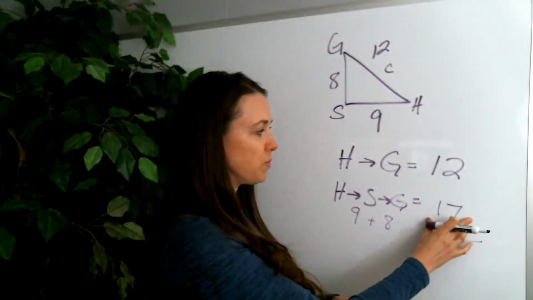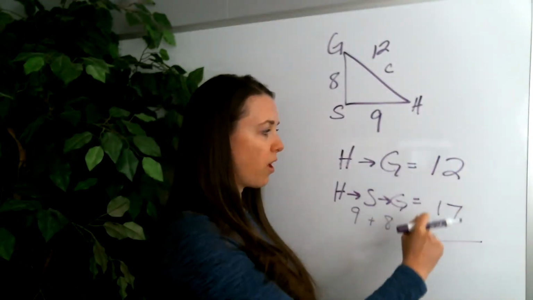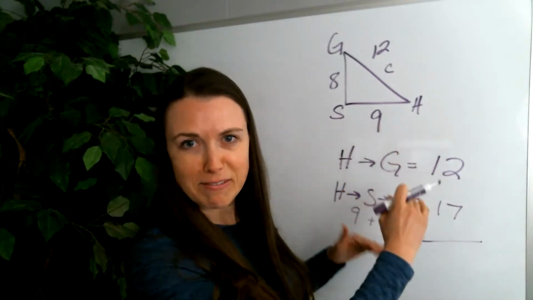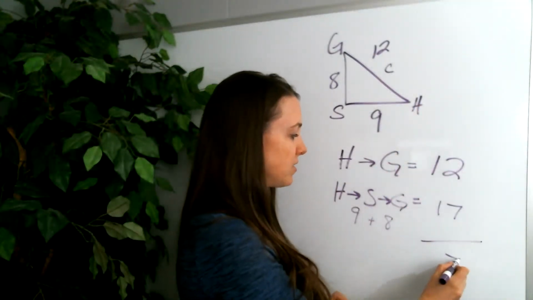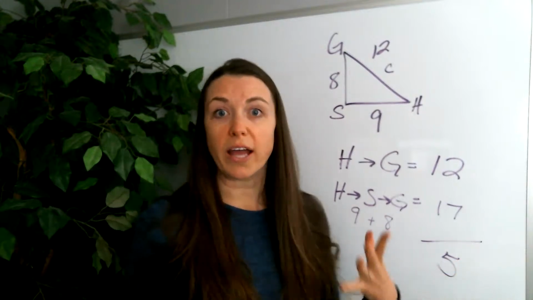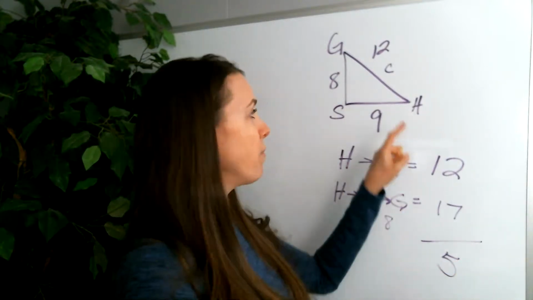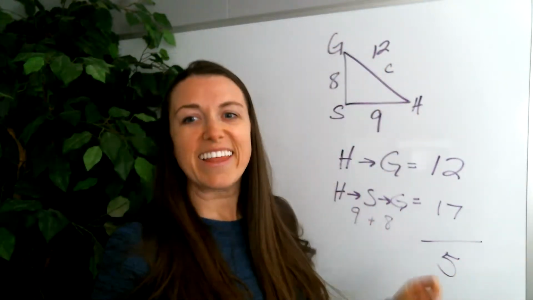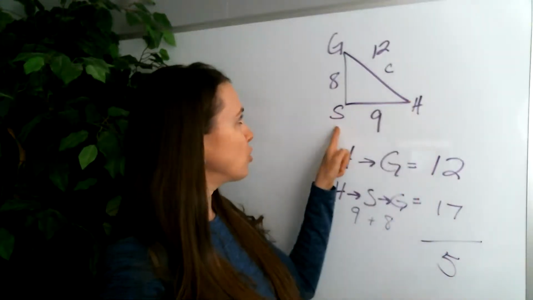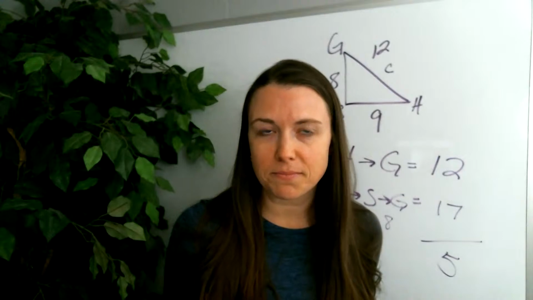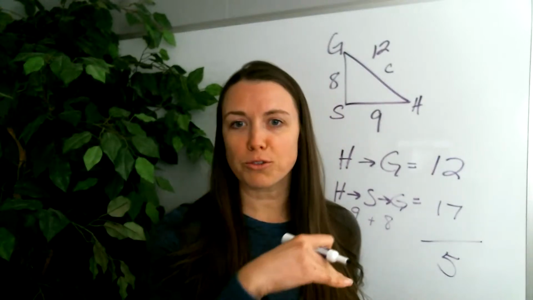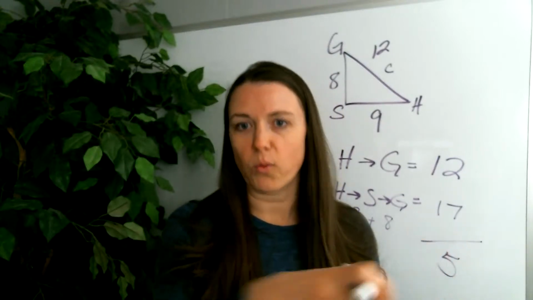So what is the difference between 17 and 12? Really, I should have this on top, but that's okay. So 17 minus 12 is 5 miles. So it's 5 miles faster to go from home to the grocery than it is to go from home to school to the grocery. Lucky for me, my grocery is like right on the way home.